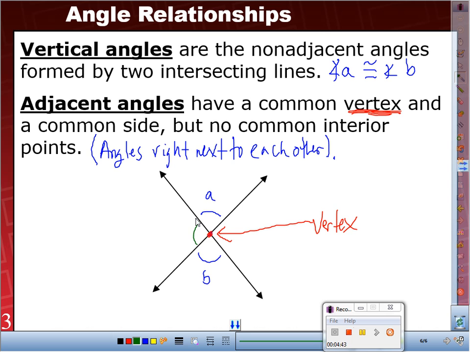These two are vertical. For these, I want you to put two arches like this, so that we know that these two are vertical also. And let's label these C and D. Therefore, here we're going to write angle C is congruent to angle D. Are we there? Okay.